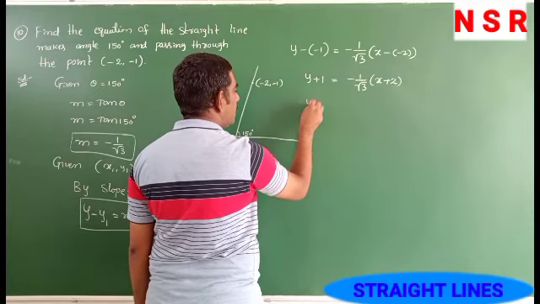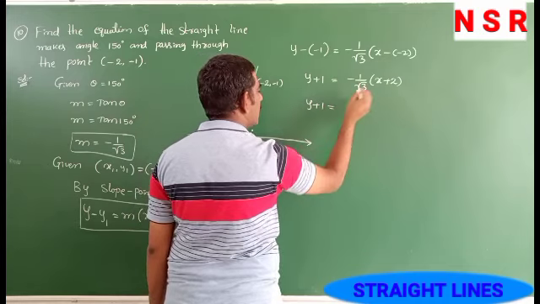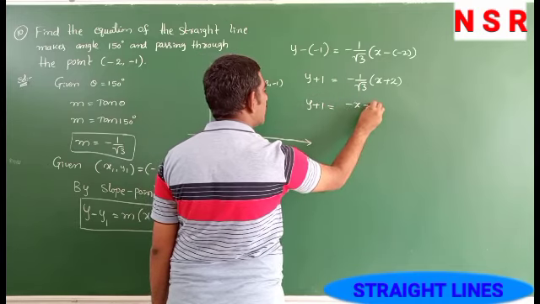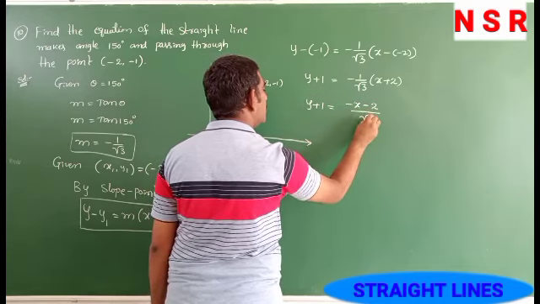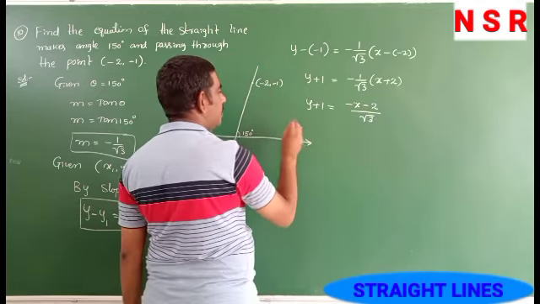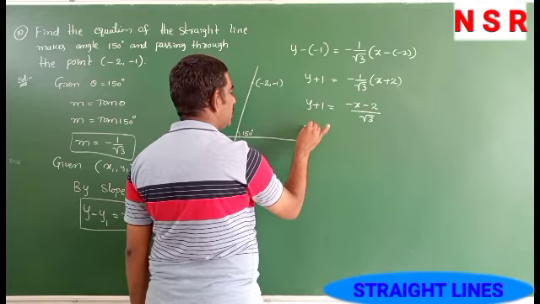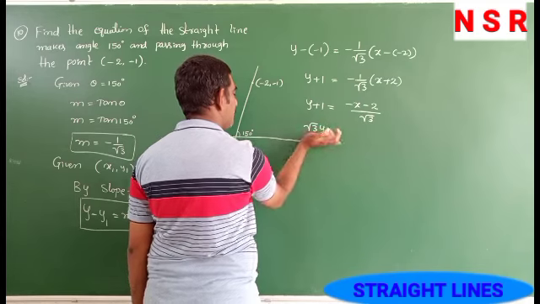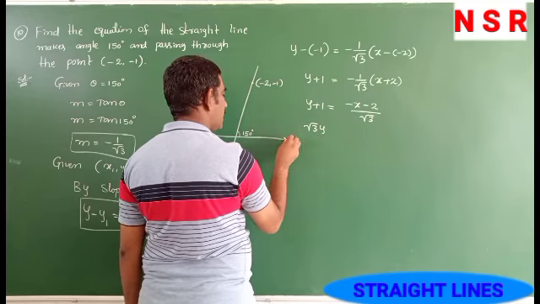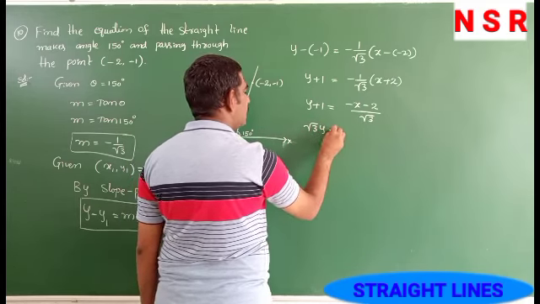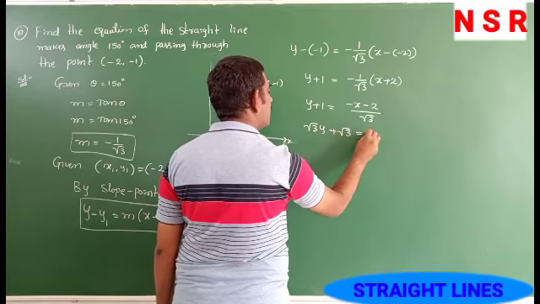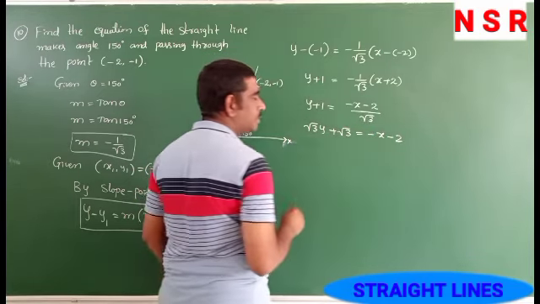So, y plus 1 is equal to minus 1 multiplied by x plus 2 by root 3. Multiplying root 3 to this side, root 3 into y is root 3y, and root 3 into 1 is root 3, equal to minus x minus 2.